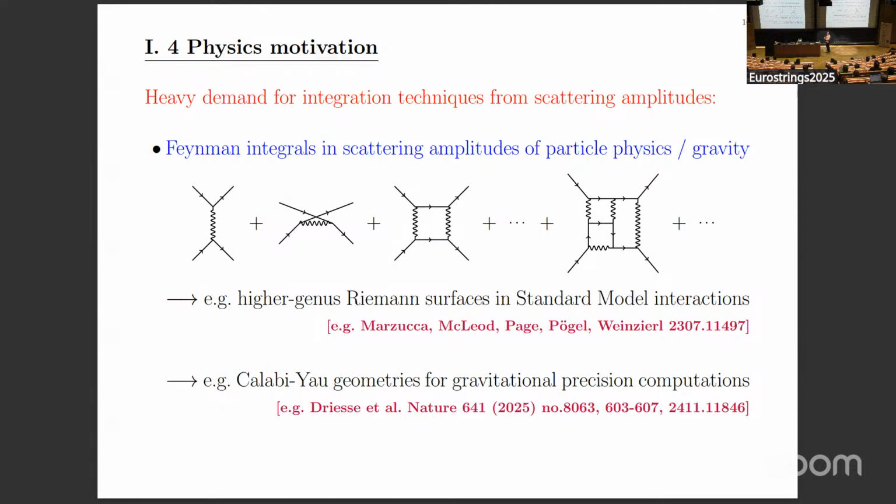And as a motivation for the higher dimensional geometries, sadly not covered in this talk, I was surprised that the amplitudes community produces publications in Nature. So this was about gravitational precision computations, I think at the 5th post-Minkowskian order for certain non-conservative black hole observables. And there you find Calabi-Yau geometries in the multi-loop Feynman integrals.